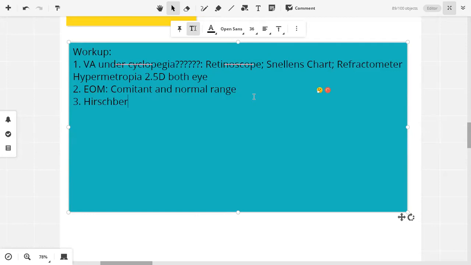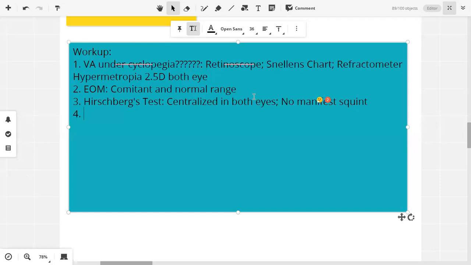Hirschberg is very important in the whole algorithm because it tells us whether there is a manifest squint or not. So Hirschberg is centralized in both eyes. What does this mean? No manifest squint. What would you like to do next?